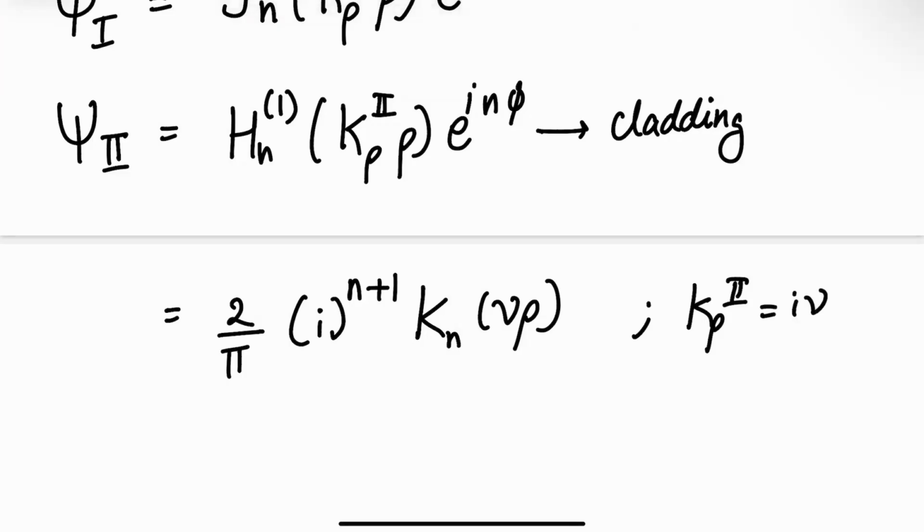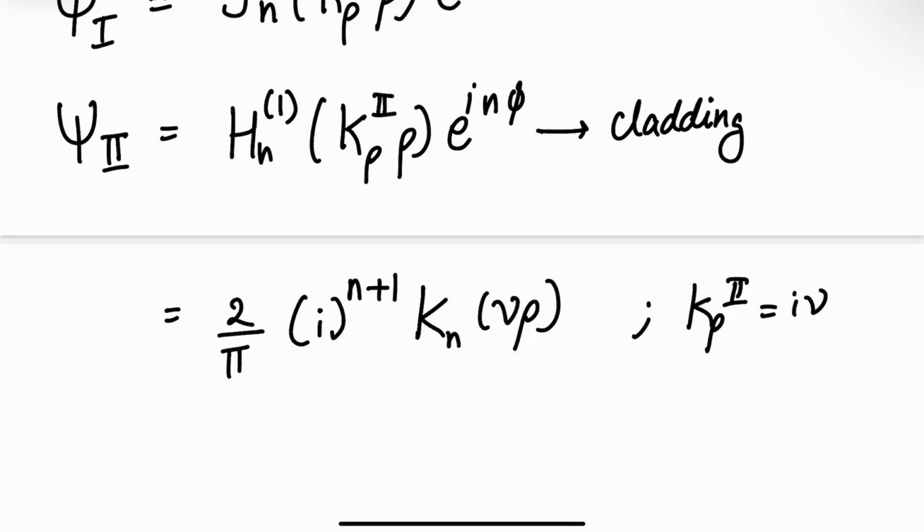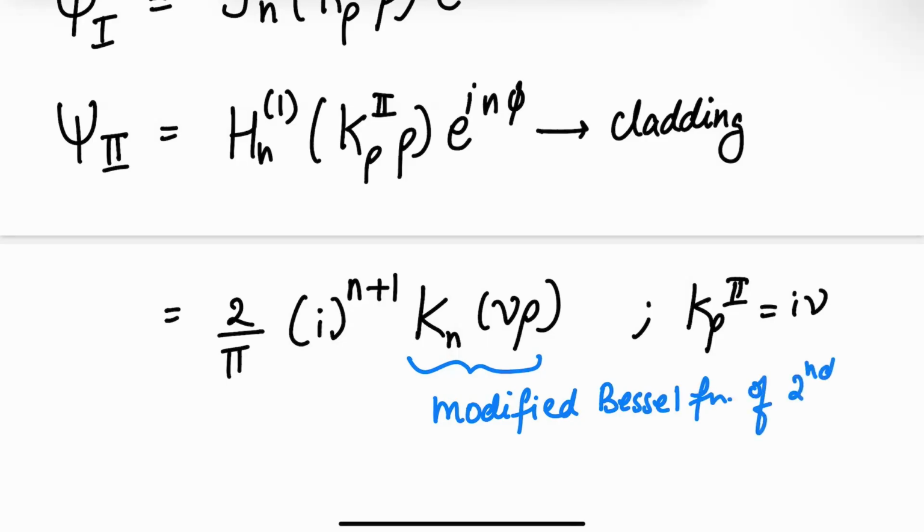So you take k rho 2, substitute i nu in here, then use one of the relationships we developed in the last lecture, which relates the Hankel function of the first kind with the modified Bessel function of the second kind. And these are decaying exponentials. They're very similar to decaying exponentials, and that's what we want in the cladding region. Okay, so I should say that this is the modified Bessel function of the second kind.